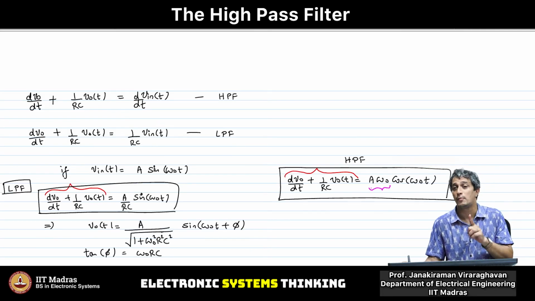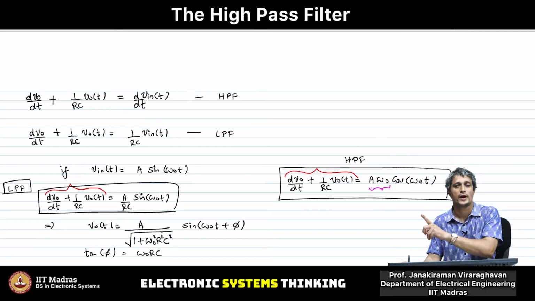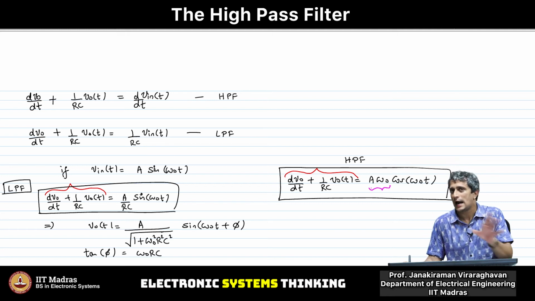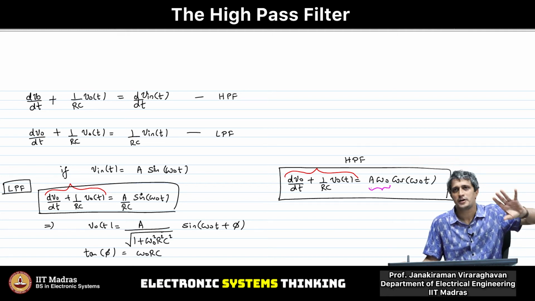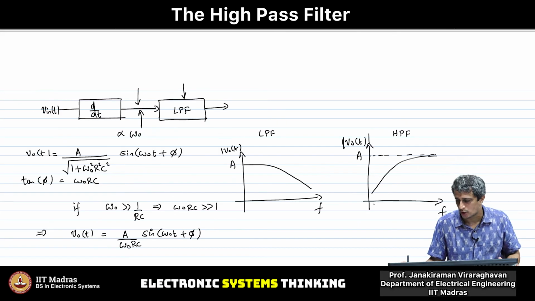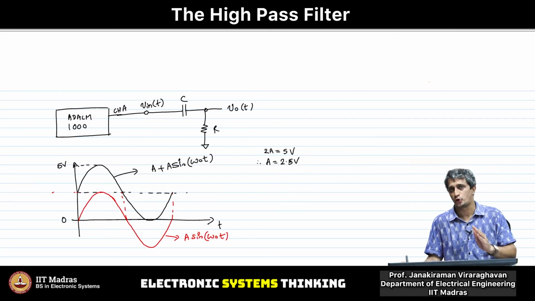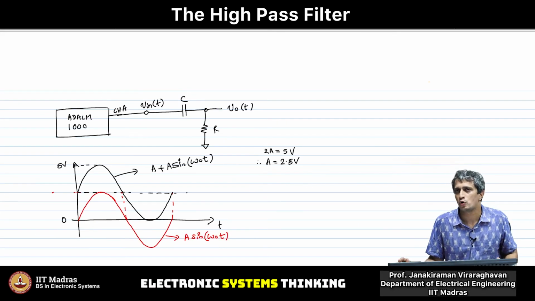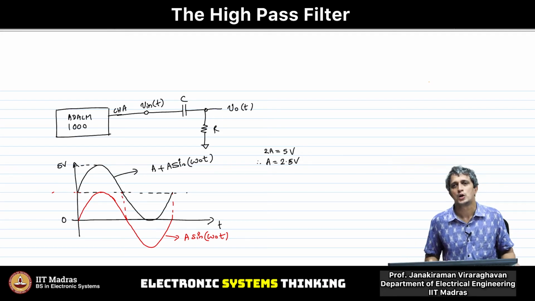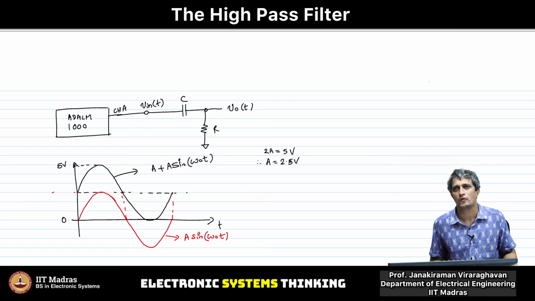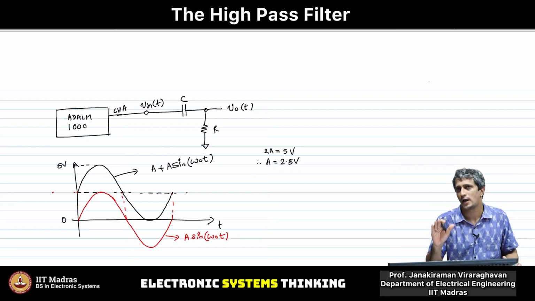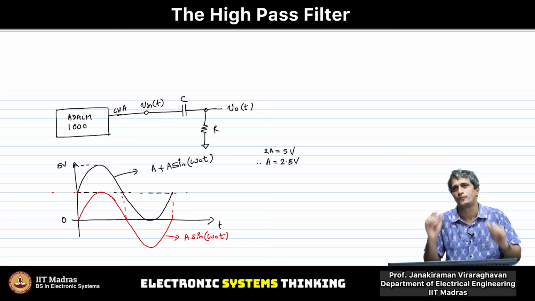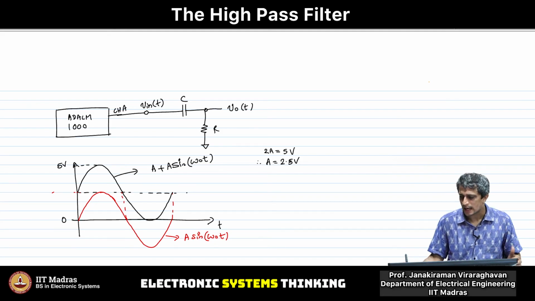We gave A plus A sin omega naught t, and the low pass filter did something with it, you got the output appropriately, there was no issue. In the high pass filter you are going to observe something very interesting, related to the fact that you are now feeding A plus A sin omega naught t to the high pass filter.